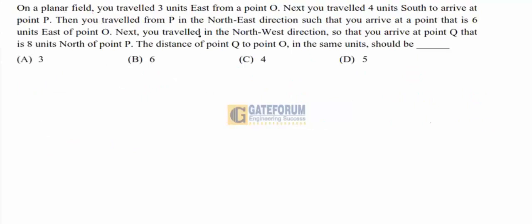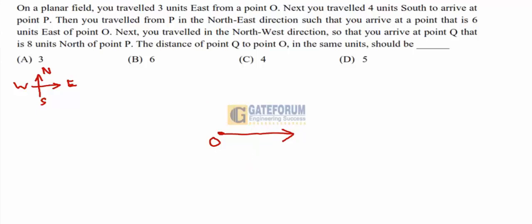On a planar field, you travel 3 units east from a point O. We know that this is north, this is east, this is south, this is west. So from a point O, we travel 3 units east.